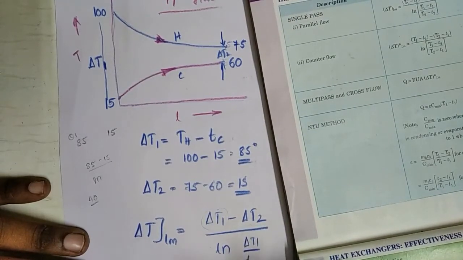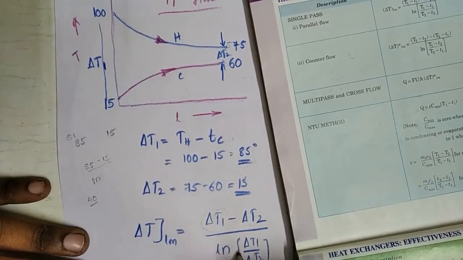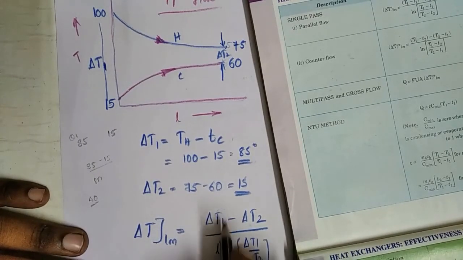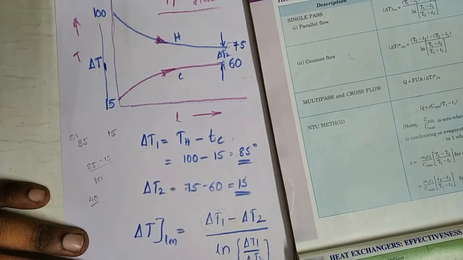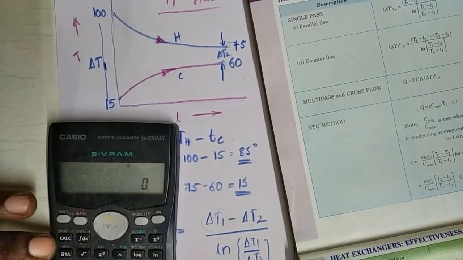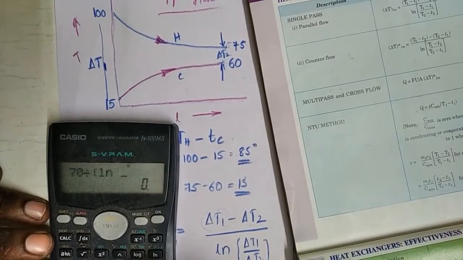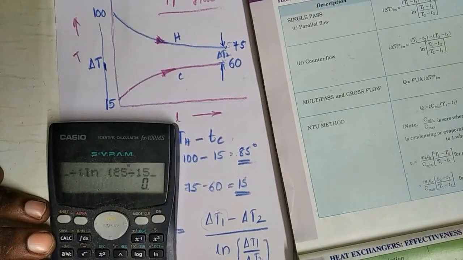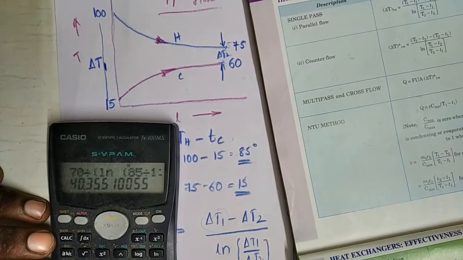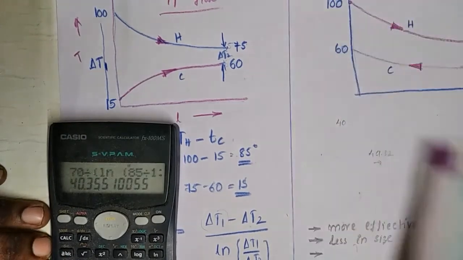Here we have 85 minus 15, that means 70, divided by ln 85 by 15. We will get 40.355.